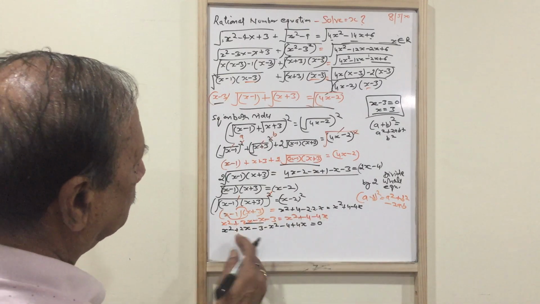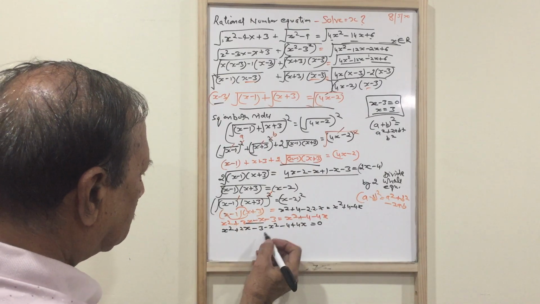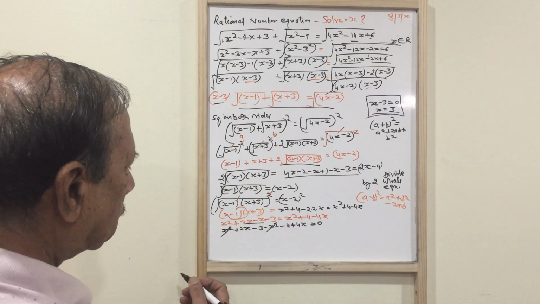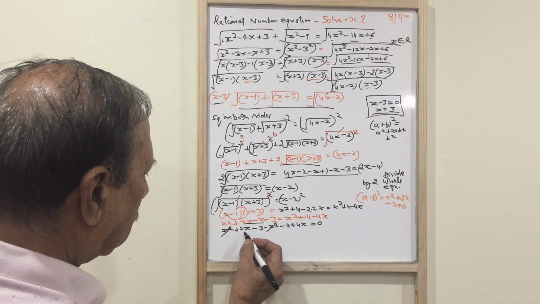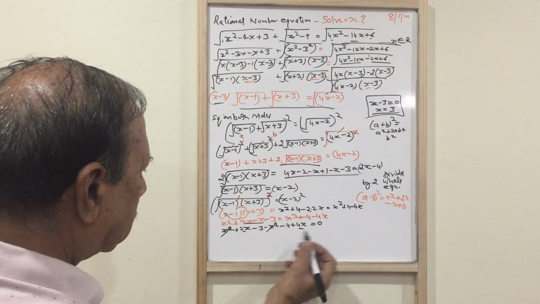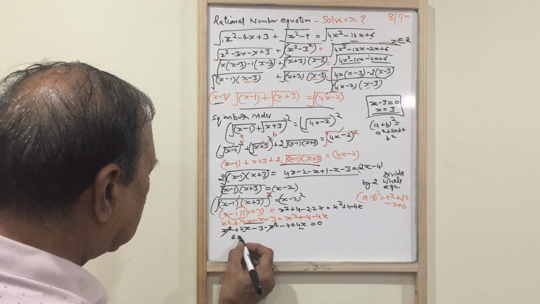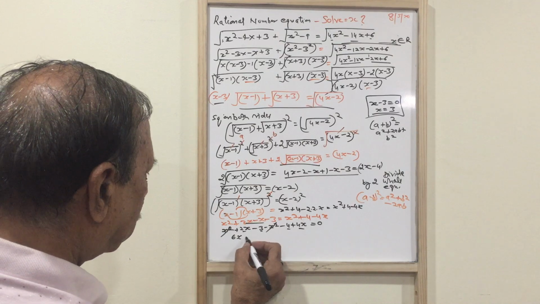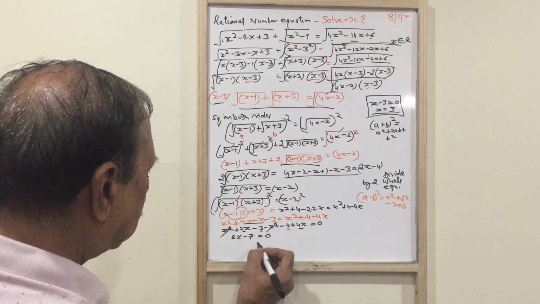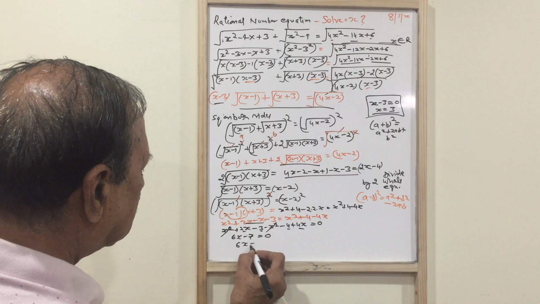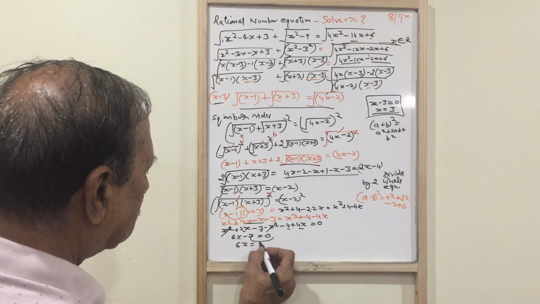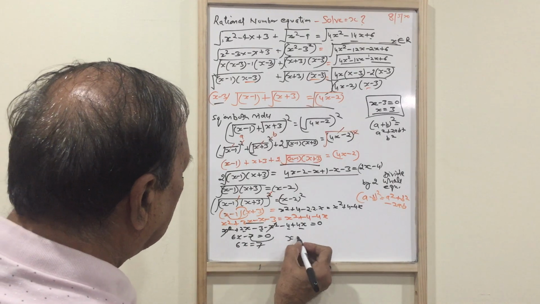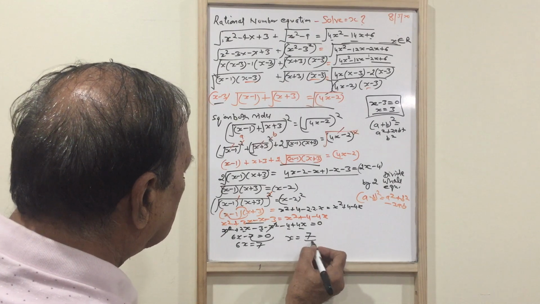If it is a plus, it is a minus. Now from this x square got cancelled, and we are left with 2x plus 4x, it's 6x, then minus 3 minus 4 is minus 7 is equal to 0. So 6x is equal to 7, we'll take 7 on the other side, and x is equal to 7/6.